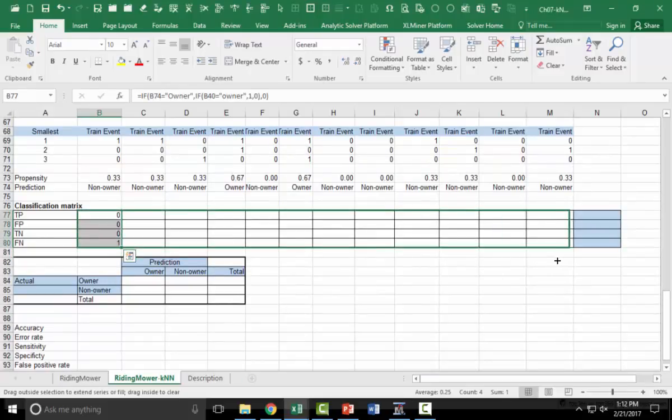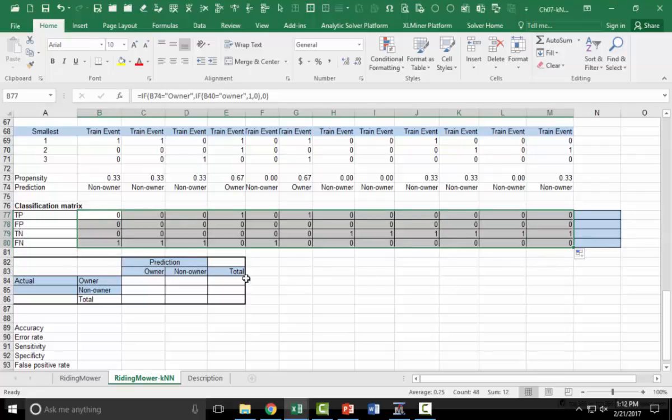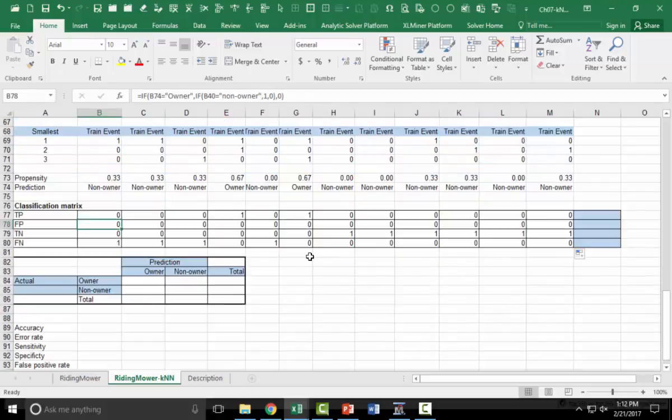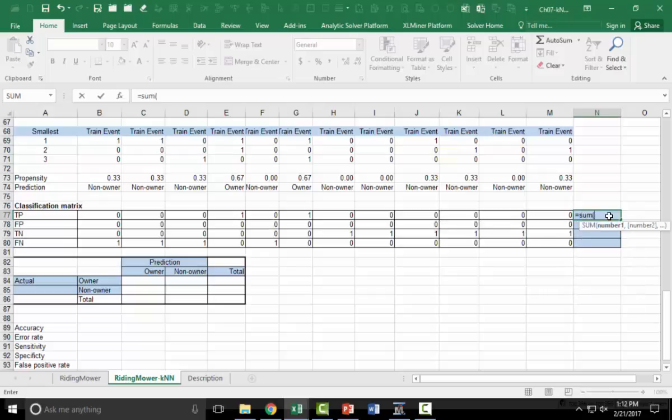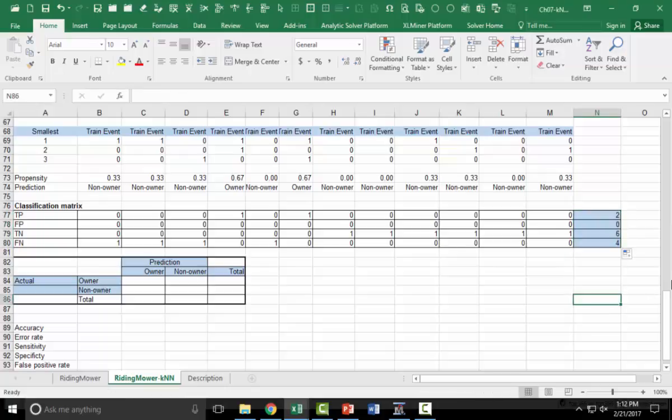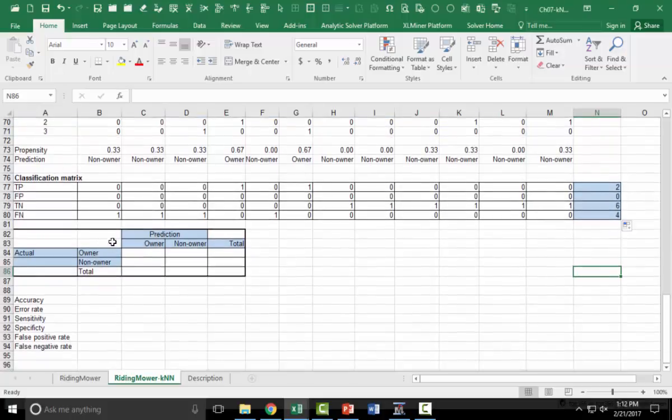Copy this across. So each validation observation is now classified as one of those four. Is it a true positive? Is it a false positive? Is it a true negative or is it a false negative? Each validation observation is classified into one of these four groups. Now when you sum, you get the total for k equal to 3.